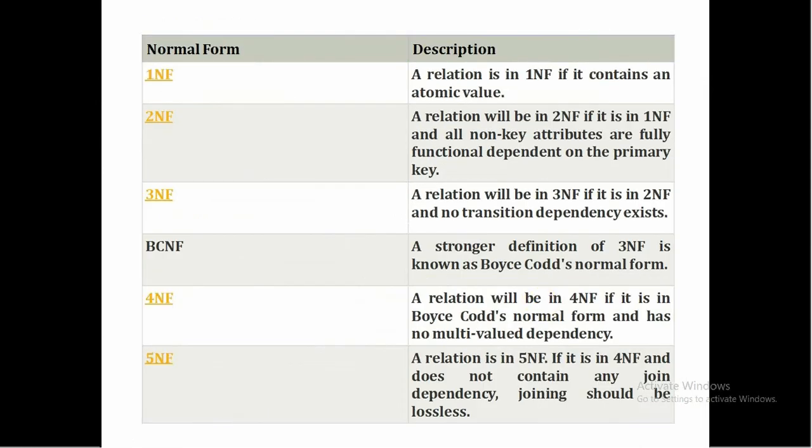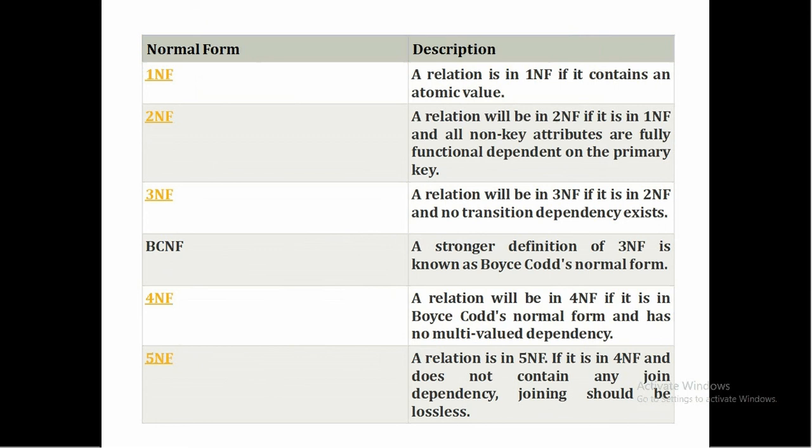Now, these are the normal forms and their descriptions in summary. 1NF, a relation is in 1NF if it contains atomic values. 2NF, if it is in 1NF and all non-key attributes are fully functionally dependent on the primary key. 3NF, a relation will be in 3NF if it is in 2NF and no transitive dependency exists.